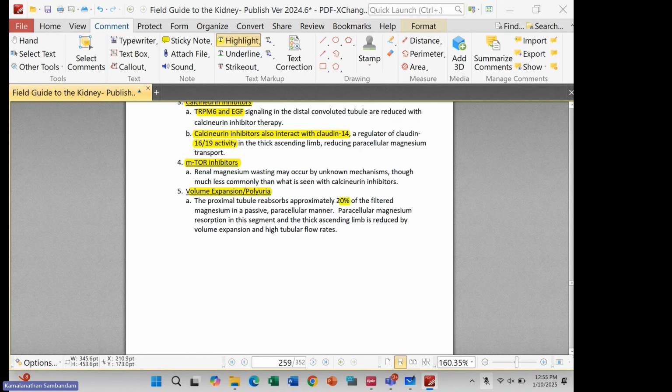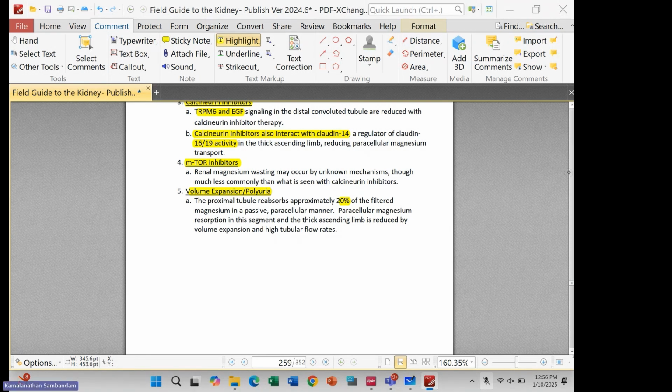About 20% of your filtered load of magnesium does happen in the proximal tubule. And so any volume expansion intervention would tend to cause magnesium wasting.